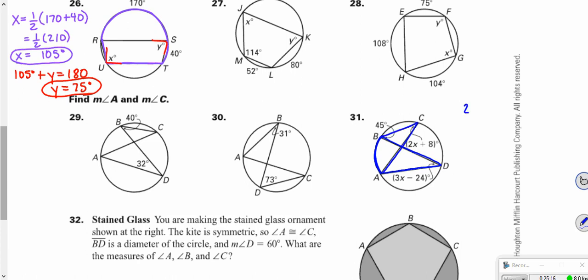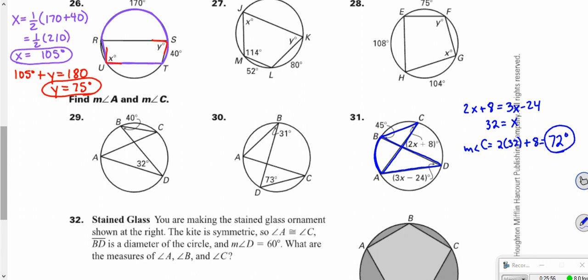So we know that 2x plus 8 has to equal 3x minus 24. That means x equals 32. Now, if x is 32, then we need to find the measure of angle C. So the measure of angle C equals 2 times 32 plus 8, which is 72 degrees.